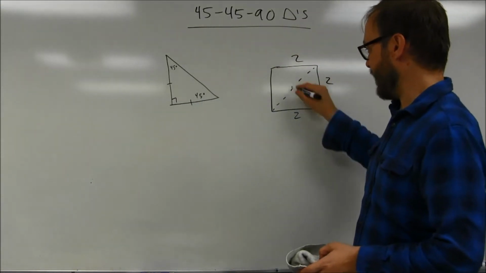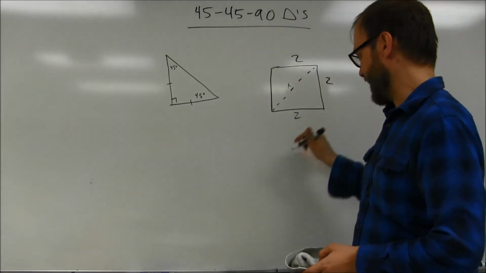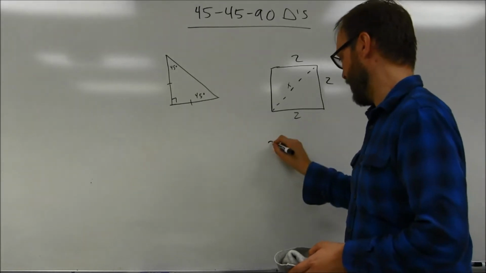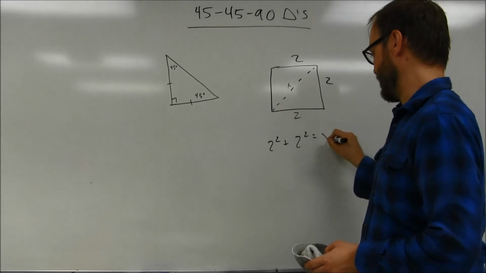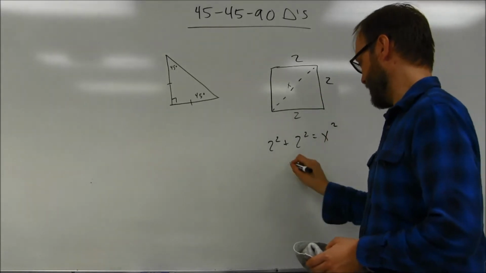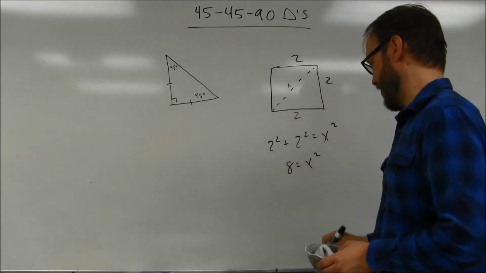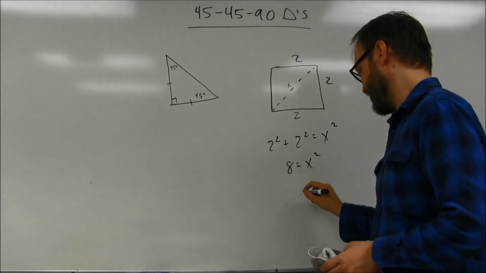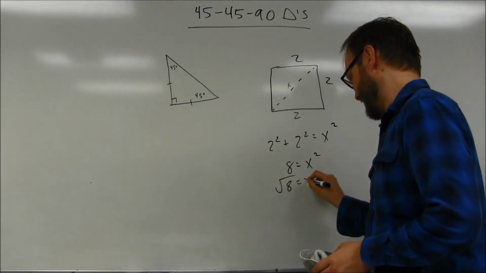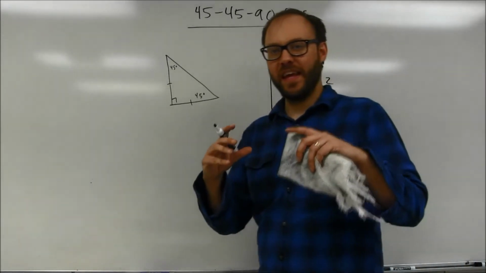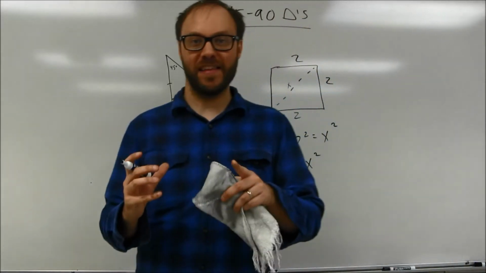So the Pythagorean Theorem says I can take the leg squared plus the leg squared, and I'm going to get the hypotenuse squared. That's going to be 8 equals x squared. The square root of x squared, in this case, is going to end up being radical 8. And the key here is seeing what happens when you simplify this down.